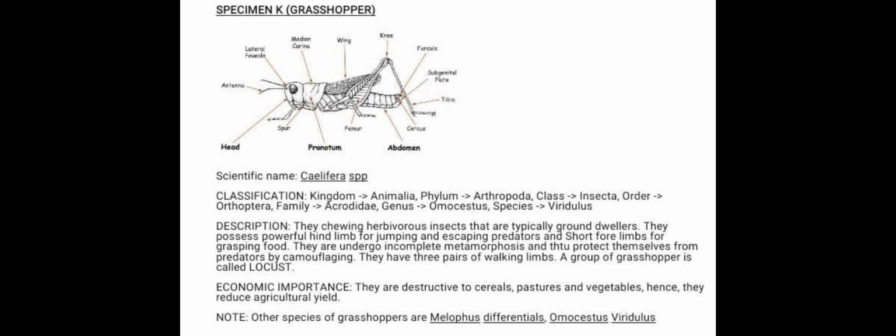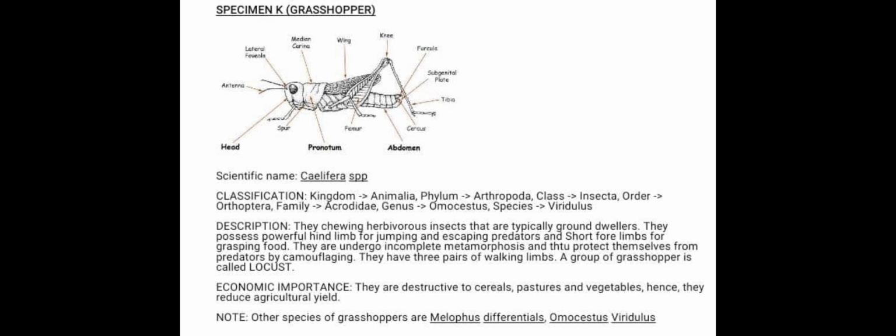And they protect themselves by what we call camouflage, in the sense that the grasshoppers are green and they stay in green grasses. So most times it is very difficult to easily spot them. Another thing to take note of is that grasshoppers have three pairs of walking legs, and a group of grasshoppers is called a locust. There are times during the farming season where a group of grasshoppers could invade a farmland.